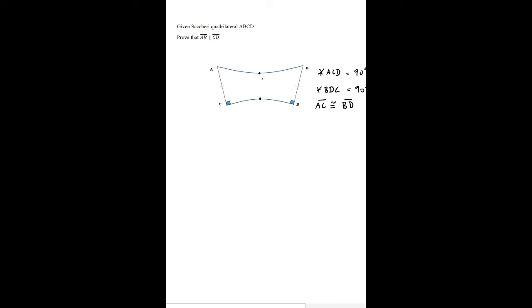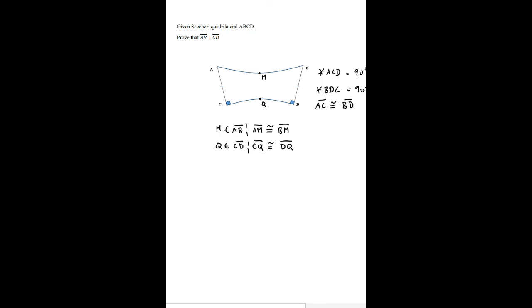So I want to create M and Q in such a way that M is in AB such that AM is congruent to BM. Similarly, I'm going to create Q in CD such that CQ is congruent to DQ.